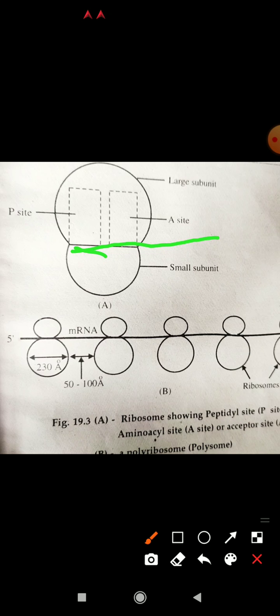So this passing mRNA through the two subunits of the ribosome should be protected, and this protection of mRNA from the action of enzymes called nucleases is necessary.